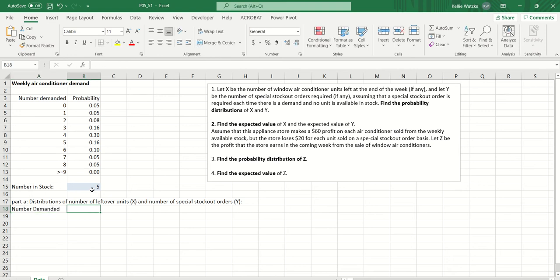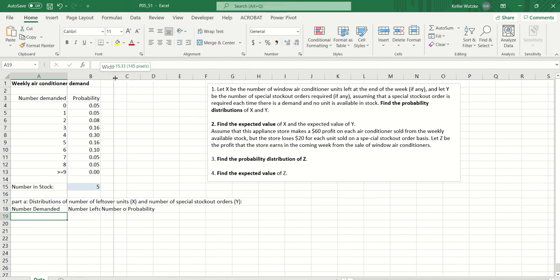We have our number demanded, we have our number left over, we have our number of special orders, and then we also need to carry down the probability. So these are all the things we need to answer this question.